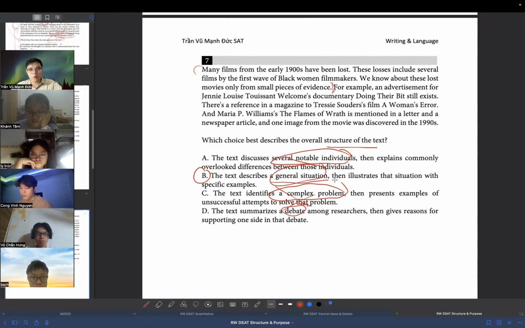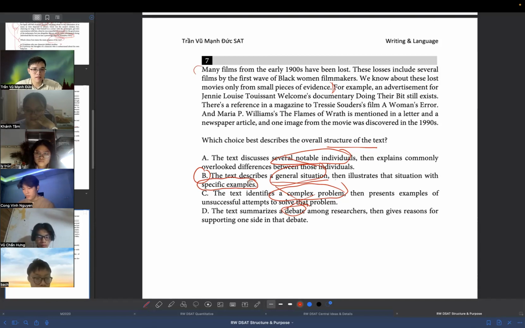But let's see, where does it illustrate that situation with examples? In the latter part, it describes a few names and their works. You can see this one is specific examples. You can just choose 2 words to be sure.